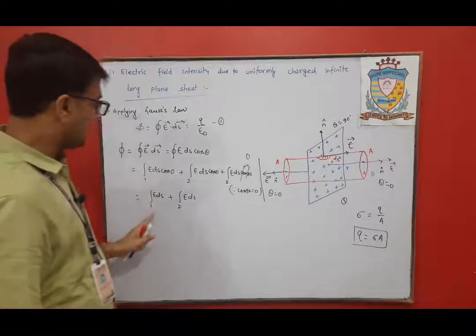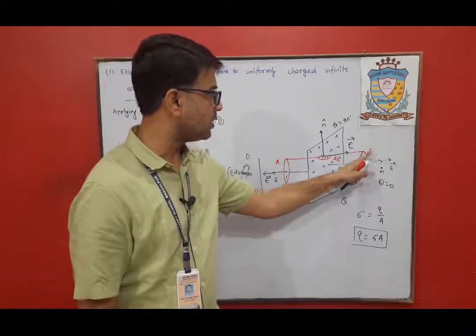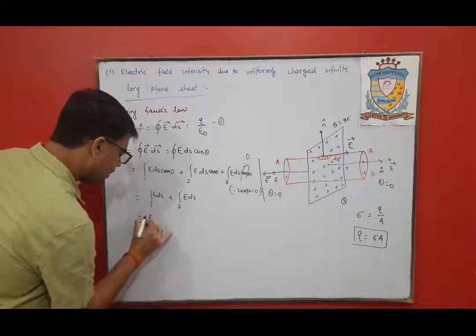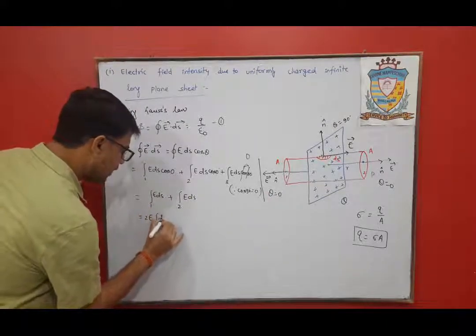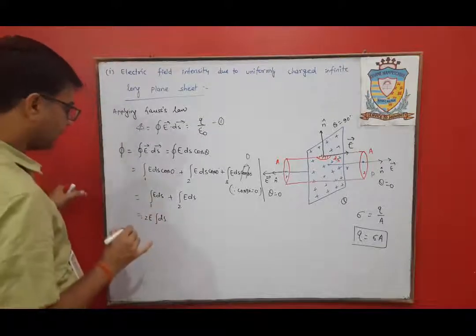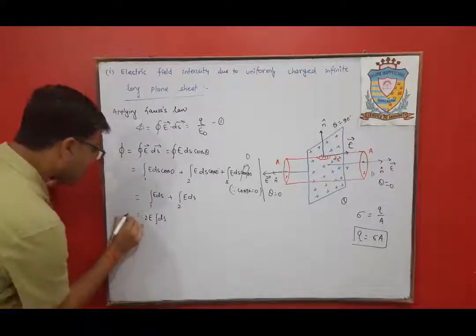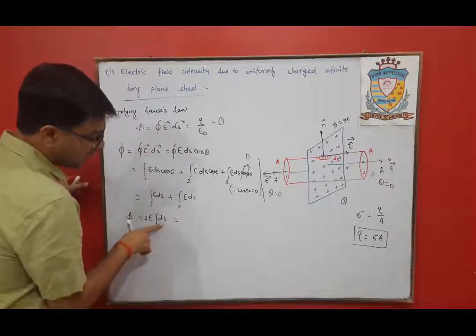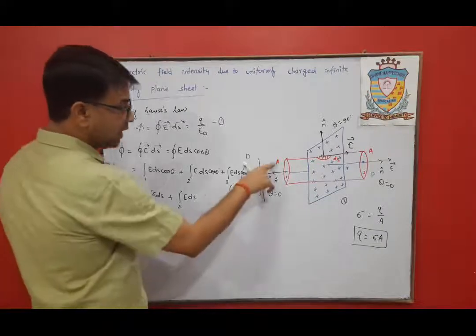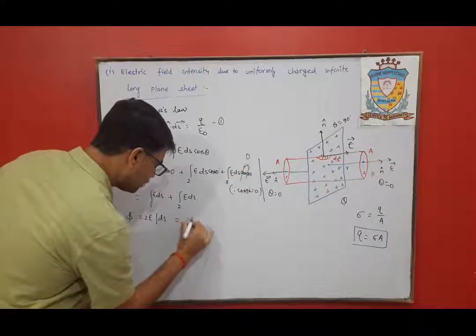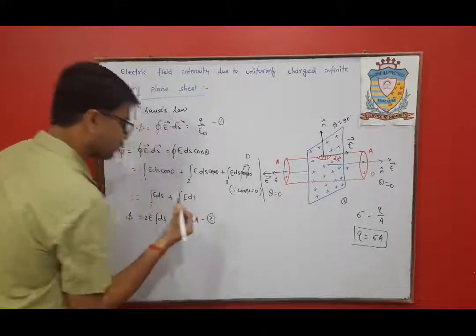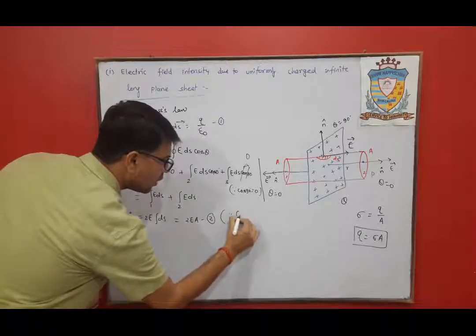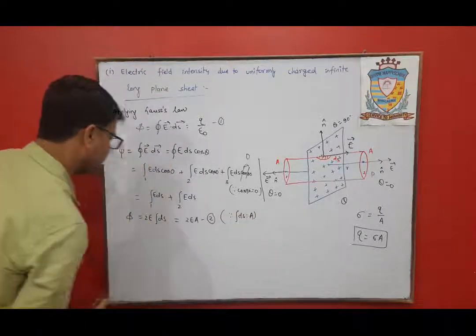Here you can see area 1 and 2 have the similar area, that is area of cross section A. So this will be twice of E ds, and the total area will be A, so this will be equal to 2EA. Let this be our equation number 2, because total area is A.